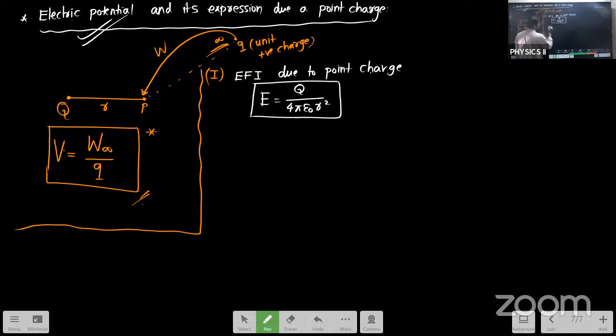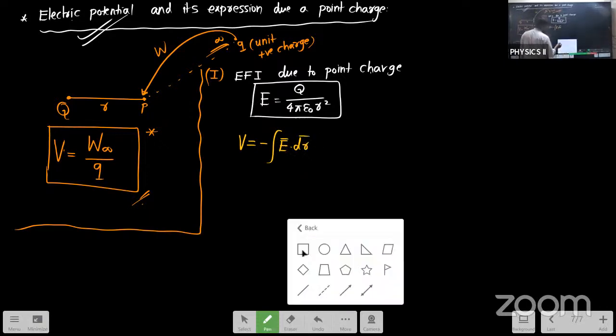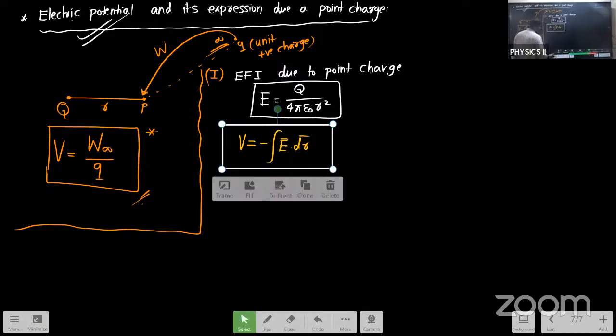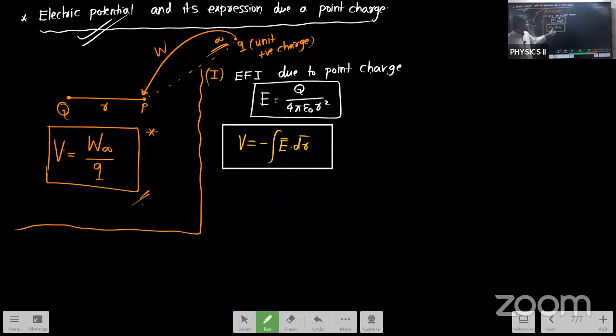That is V is equal to minus integration E bar dot dr bar. If you are able to remember this formula, then we can directly solve this.